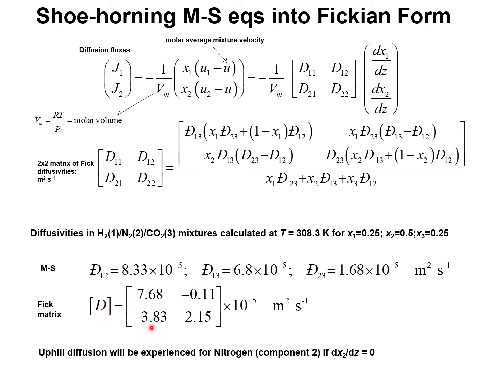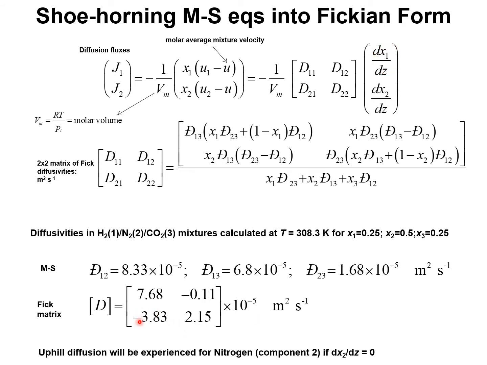It's interesting to note that the cross coefficient here, D21, is minus 3.83, whereas the diagonal element here, D22, is 2.15. This implies that if we have a situation in which the gradient of the mole fraction of component 2, which is nitrogen, is 0, then the flux of nitrogen J2 will not be 0 because it will be dictated by D21 times dx1/dz.